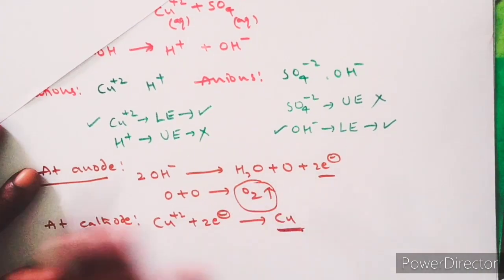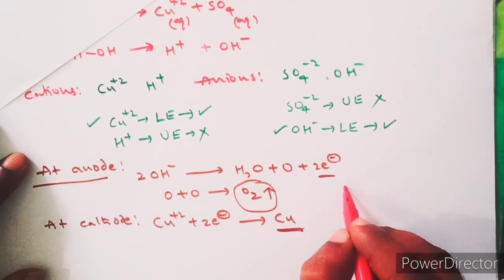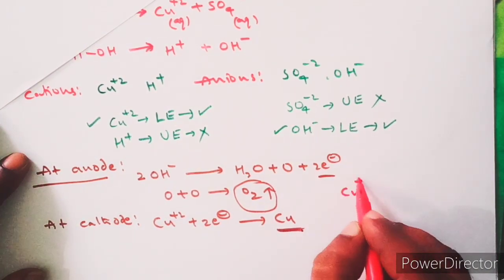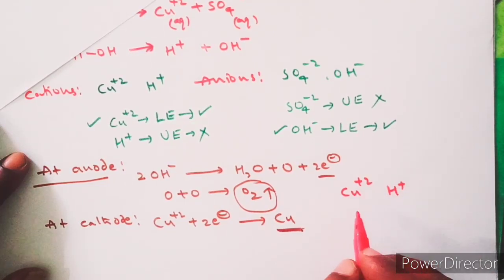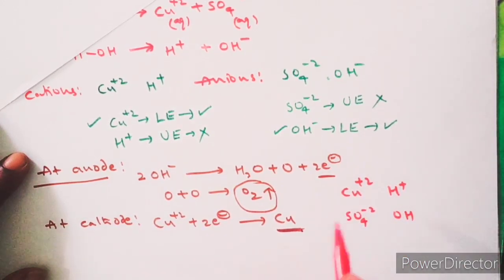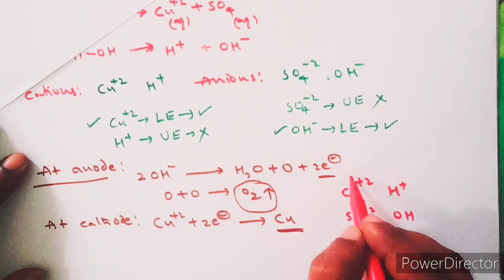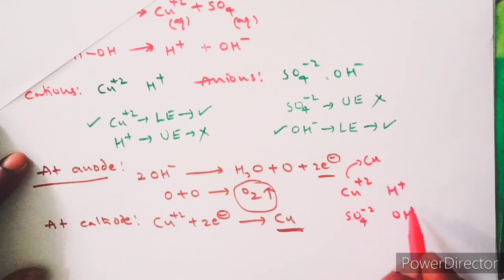Now let us see the important thing here. What are the cations we have? The cations are Cu2+ and proton, and the anions are sulfate and hydroxide ions. At the cathode, cupric ion is reducing into copper, and hydroxide ion is liberating oxygen gas.